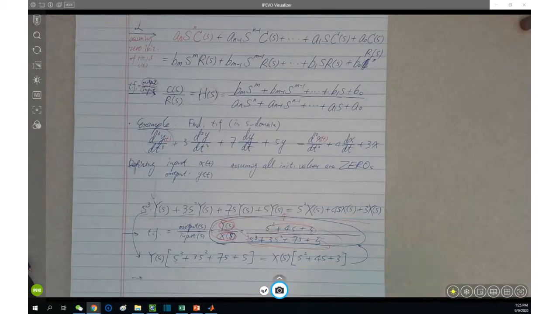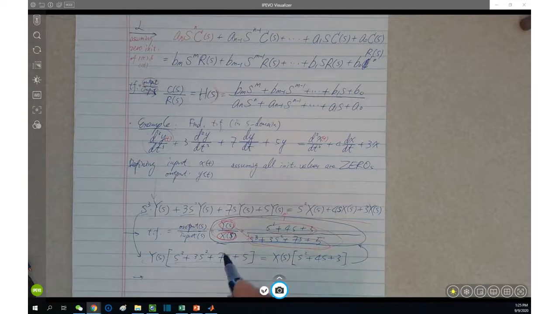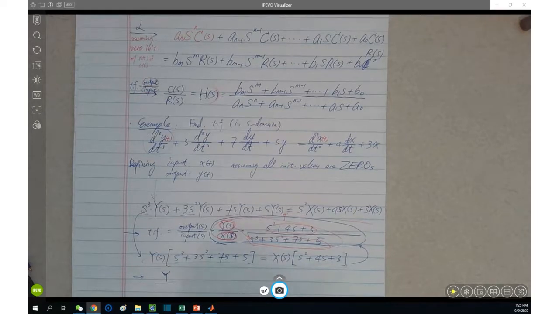And again, be very careful. Once you got this equation, be very careful who is dividing whom. It's up to how you define input and output. It has to be output over input. Output must be Y on the numerator. Input must be X in the denominator. It has to be like this. Sometimes you can save the parentheses of s and keep the capital letters, that's fair enough. So you can have Y over X without the (s).